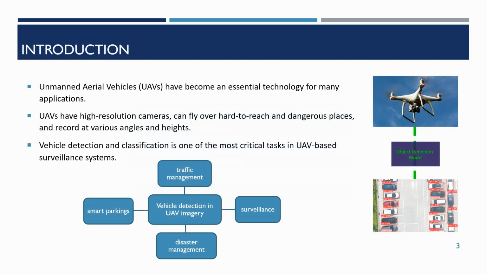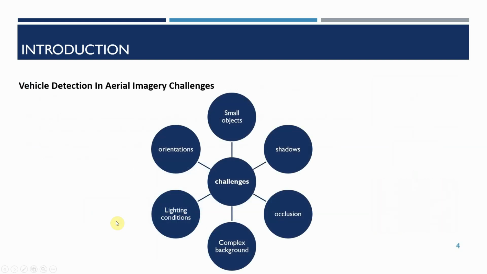UAVs have high-resolution cameras, can fly over hard-to-reach and dangerous places, and record at various angles and heights. Vehicle detection and classification is one of the most critical tasks in UAV-based surveillance systems, and it has many applications such as traffic management, surveillance, disaster management, and smart parkings.